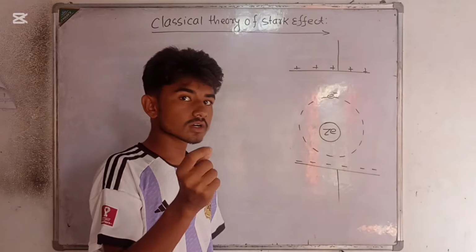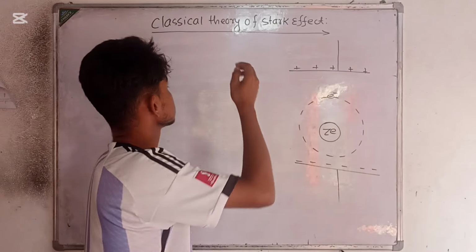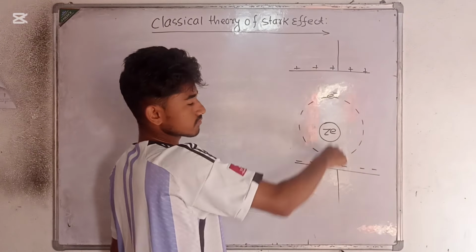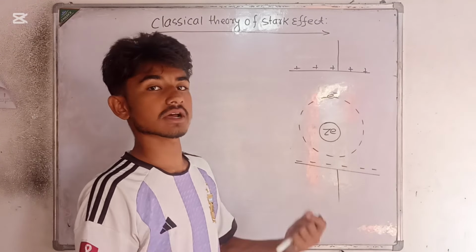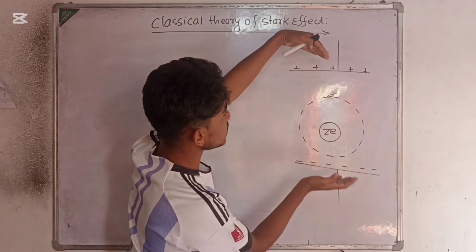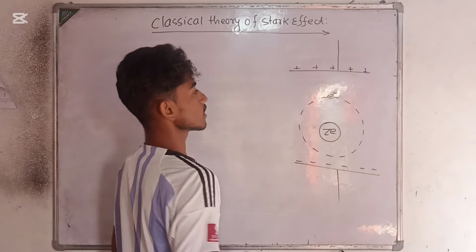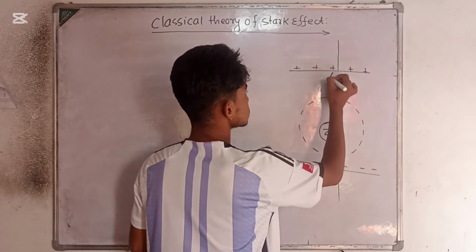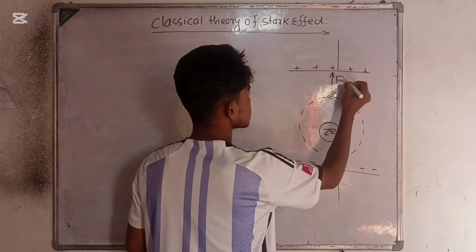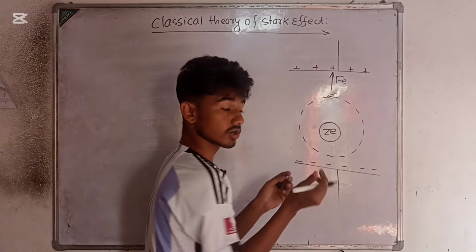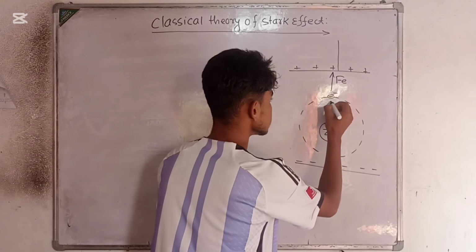In order to do the classical theory of the Stark effect, we assume a hydrogen atom, for simplicity, and we apply a potential difference across it. When the electron is here, an electrostatic force acts upon it in that direction, and the nucleus is also exerting a force in this direction.